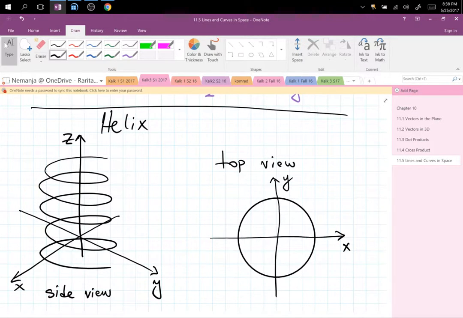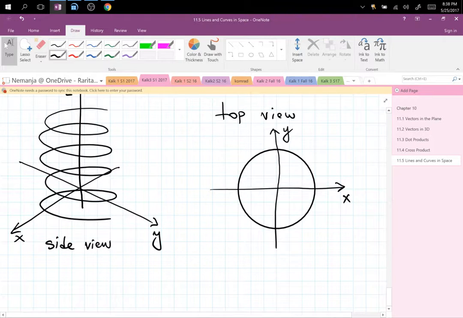Now, here are some of the, what I consider common sense, but if you're not visual, you might not, so I'll back off a little on that comment. When I look at the X and Y components of the helix, I see a circle.